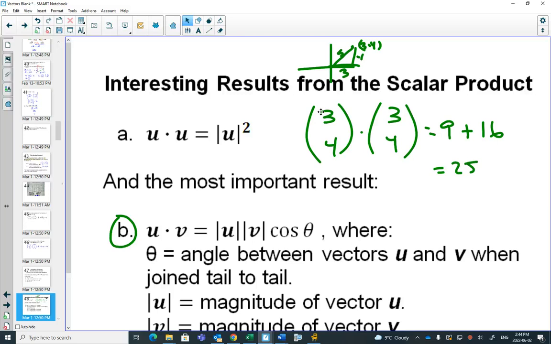This is really simple math that we just did. The result is substantial. Okay? What is the angle between vectors that are the same? 0 degrees. What is cos of 0 degrees? 1. Okay?